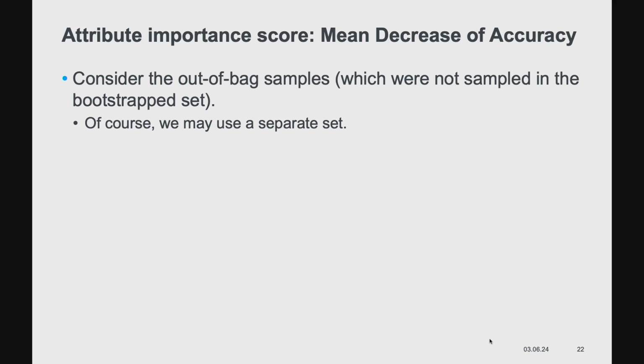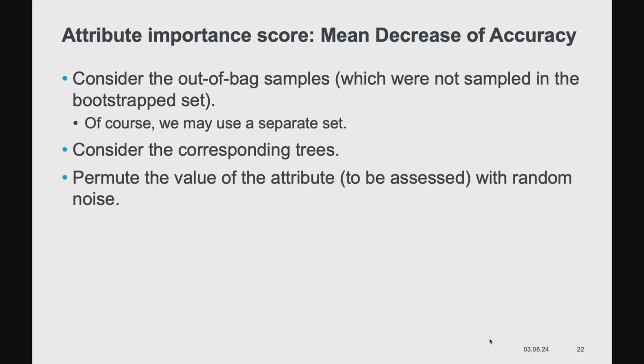So we have out-of-bag samples. Maybe we even have a separate set, but at least we have out-of-bag samples that were not used to train a specific tree. And then let's look at the corresponding trees and just manipulate the value of the attribute that we want to assess. We want to know how important a particular attribute is for classifying. How important is it to know the gender in order to determine income?